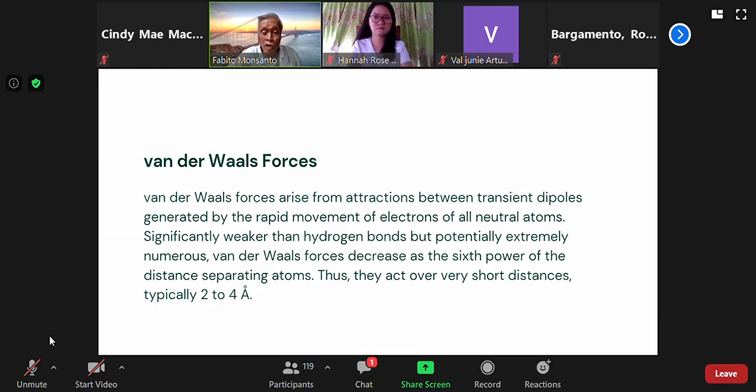So they act over very short distances, typically 2 to 4 angstrom. Okay. And you cannot even see 1 angstrom. No?